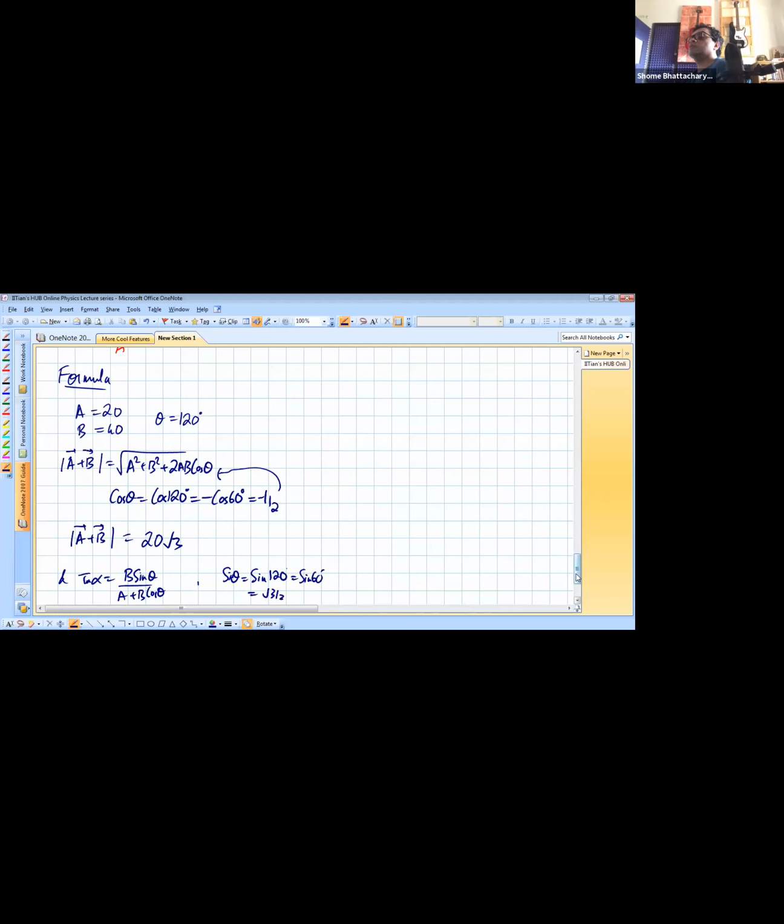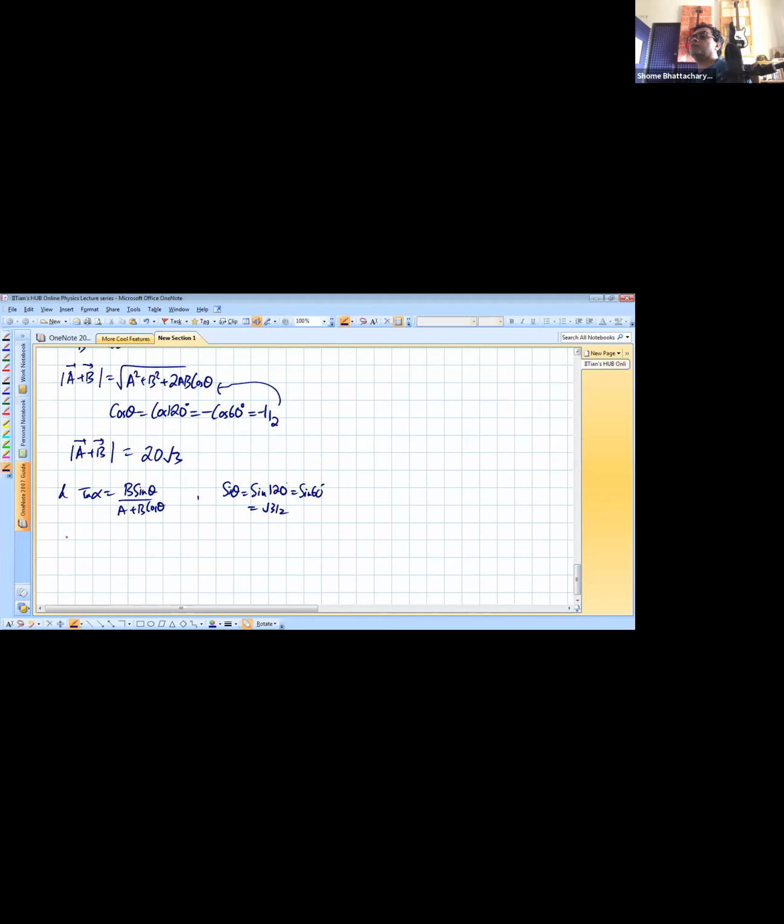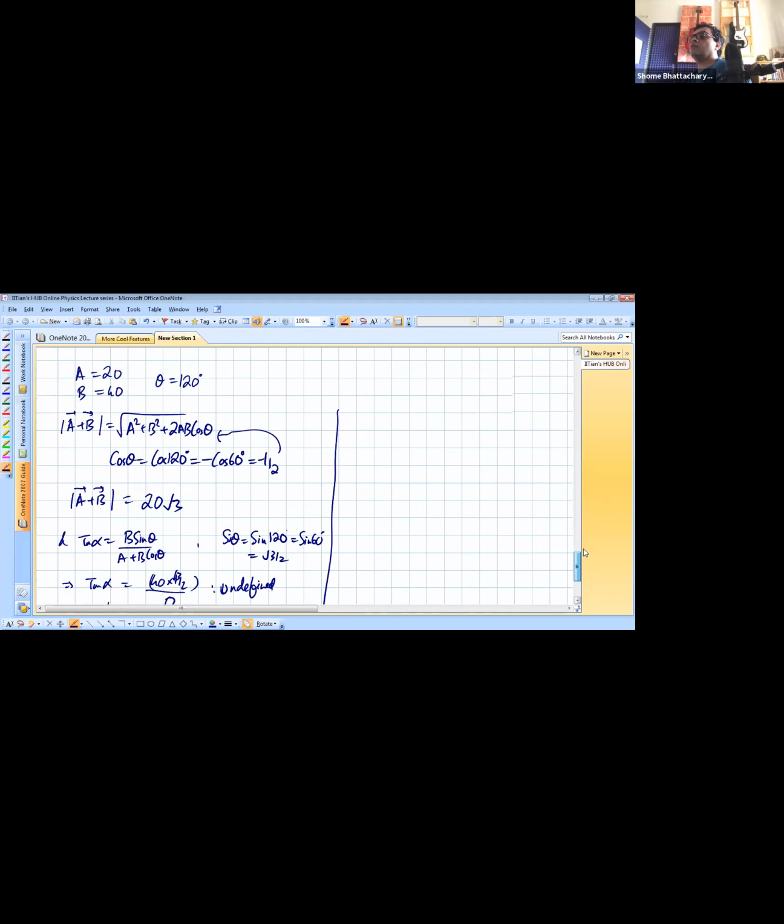But when you substitute cos theta as minus half in the denominator, you will get tan alpha as 40 into root 3 by 2, but divided by 0. So it is undefined. So the fact that it is undefined means that alpha is equal to how much? It is 90 degrees.